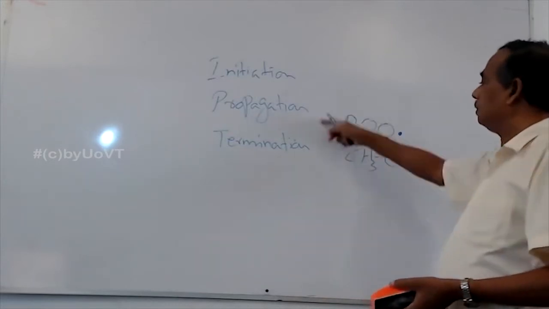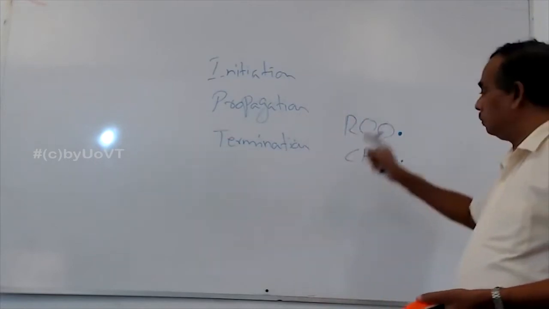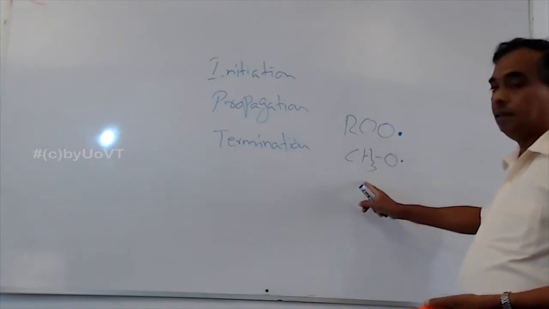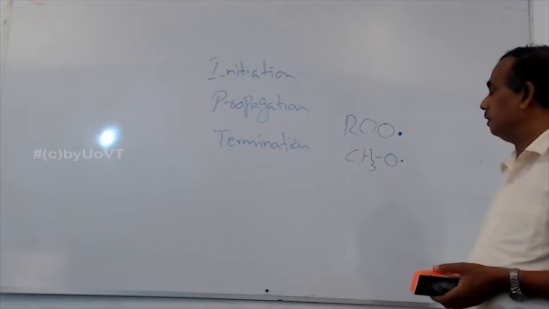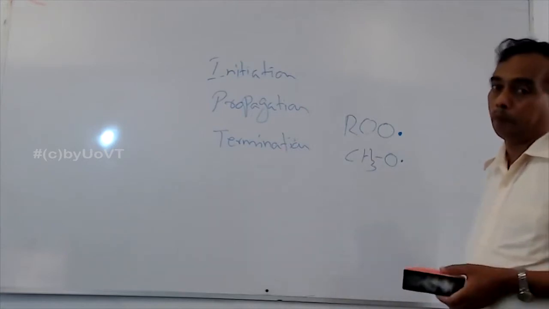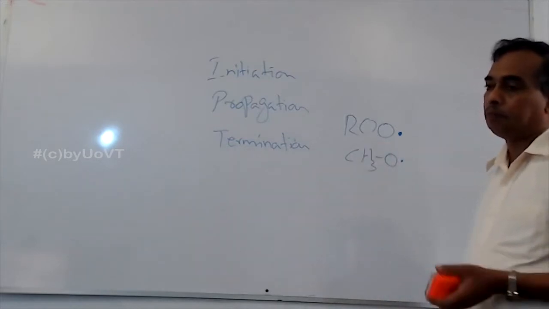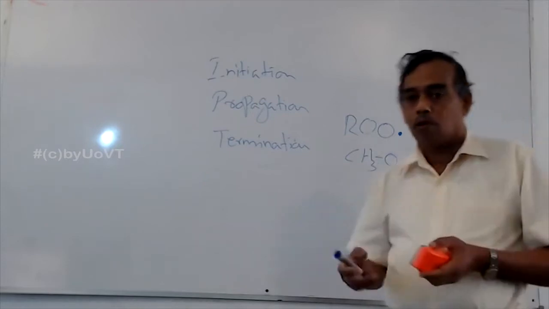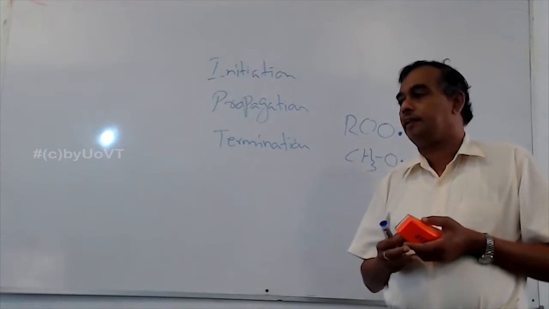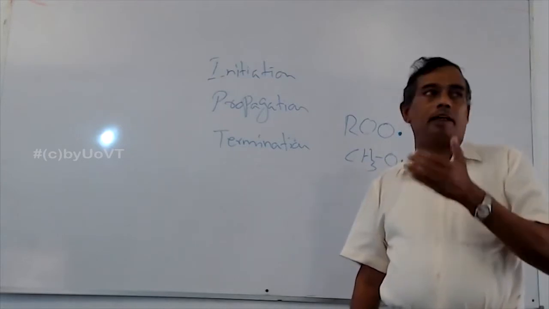Any peroxy compound can behave like this. So this is the peroxy radical and this is the alkoxy radical. The stability of the alkoxy radical is very low compared to this one. Therefore, in the initiation level, you can observe formation of more peroxy radical in the system. Initially very small, but gradually the amount of peroxy radicals increases.